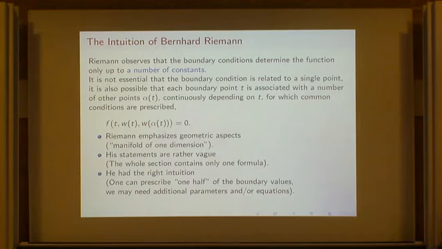He does not only say this is a reasonable boundary value problem, but he also says, well, this boundary condition is not all what we need. At least in some cases, we also have to allow additional free parameters, and we may need additional equations which specify something. This is all he has seen, which is, to me, almost unbelievable.